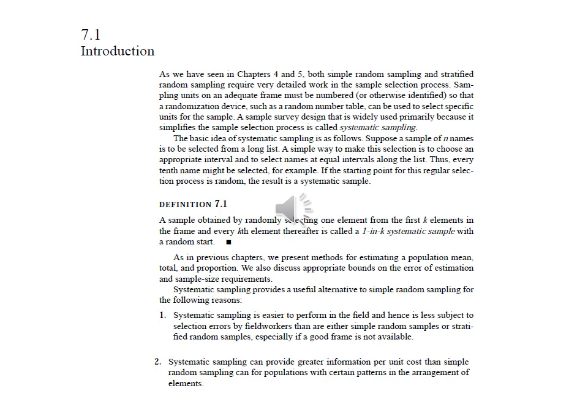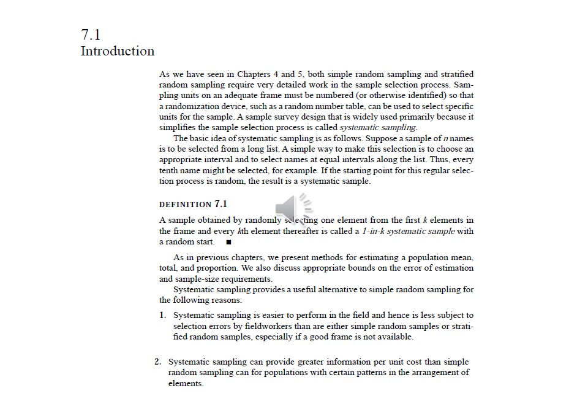Number two, systematic sampling can provide greater information per unit cost than simple random sampling can for populations with certain patterns in the arrangement of elements.